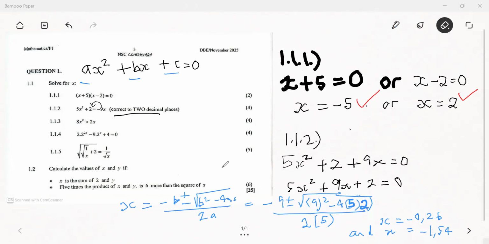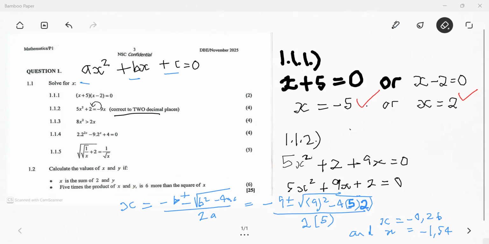So with 5 and 2, we get these two answers: x = -0.26, x = -1.54. Remember, I typed this on my calculator, and with the one solution, I put a plus here, with the other solution, I put a minus. That's what plus minus means: you have two solutions, one with the plus, the other with the minus. And then I just rounded off to two decimal places, as they said, to get -0.26 and -1.54.